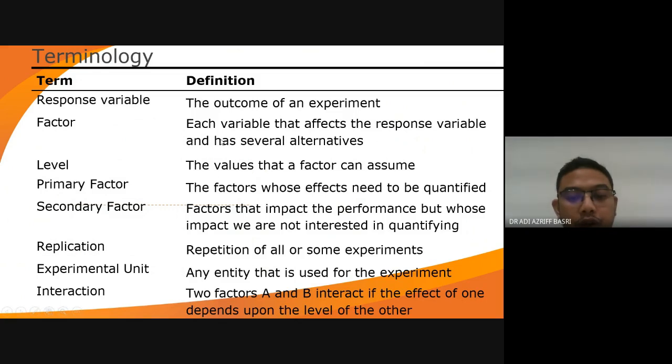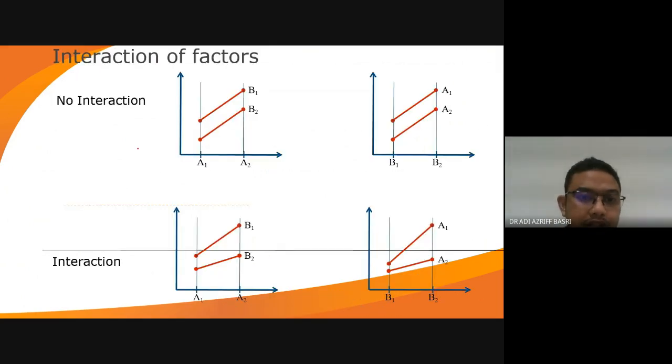For example, two factors A and B interact if the effect of one depends on the level of the other. So, interaction between two factors. The first example shows there is no interaction. You can see here A1, A2, B1, B2. There is no interaction, so it's like straight, parallel lines.